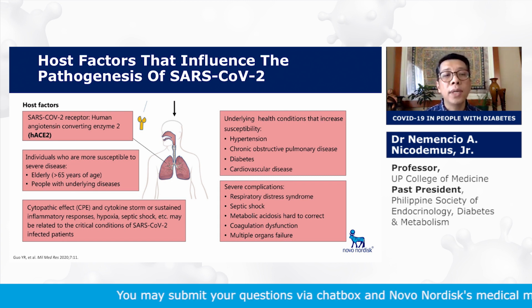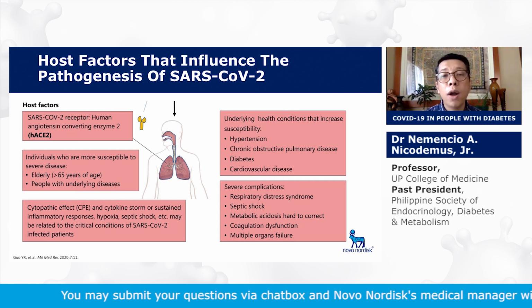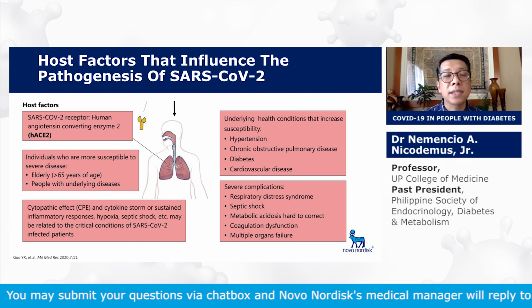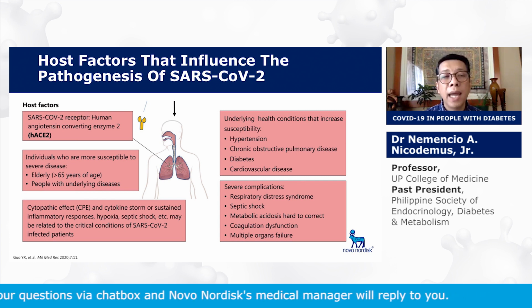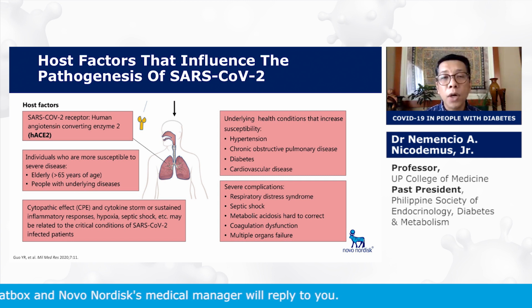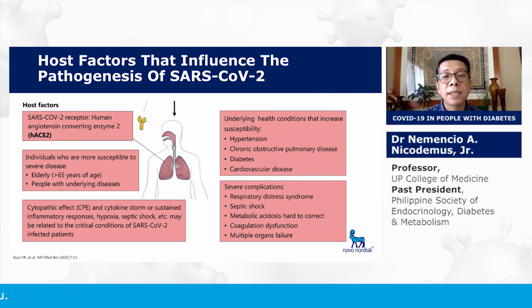We also know that there are certain individuals who are more susceptible to this disease, particularly the elderly, more than 65 years old, and those with underlying diseases. Some of the underlying diseases that have been identified as increasing the susceptibility to the SARS-CoV-2 virus include hypertension, chronic obstructive pulmonary disease, diabetes, and cardiovascular disease.